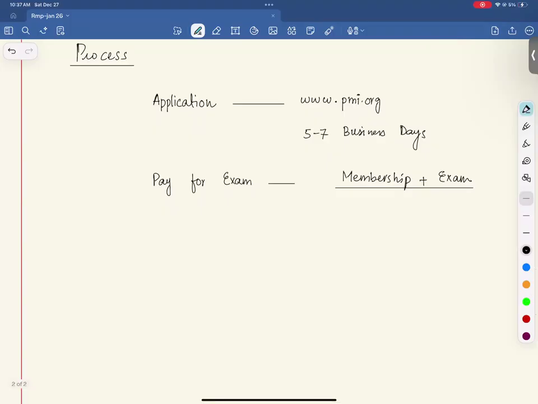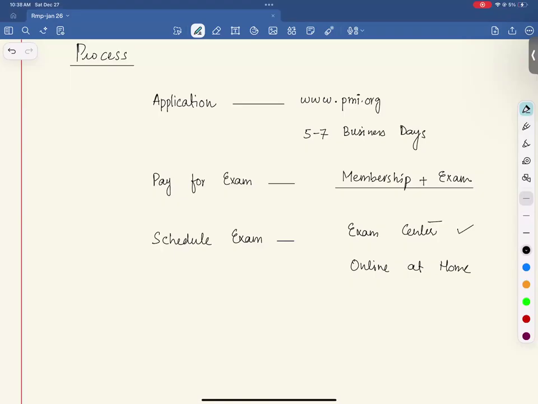Once you pay for the exam, then you can schedule your exam. You can take your exam in 2 ways, either at an exam center or online at home. Both options are available.